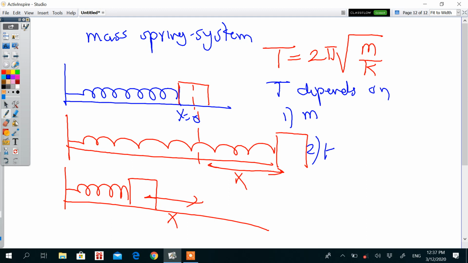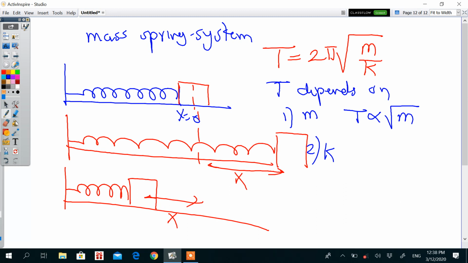the spring constant. Now the question is, how does the mass of a mass-spring system affect the period of this motion? As you see, T is proportional to the square root of M. This is very similar to the simple pendulum, where T equals 2 pi square root of L over g, and T is proportional to the square root of L. But here, instead of L, we have the mass.